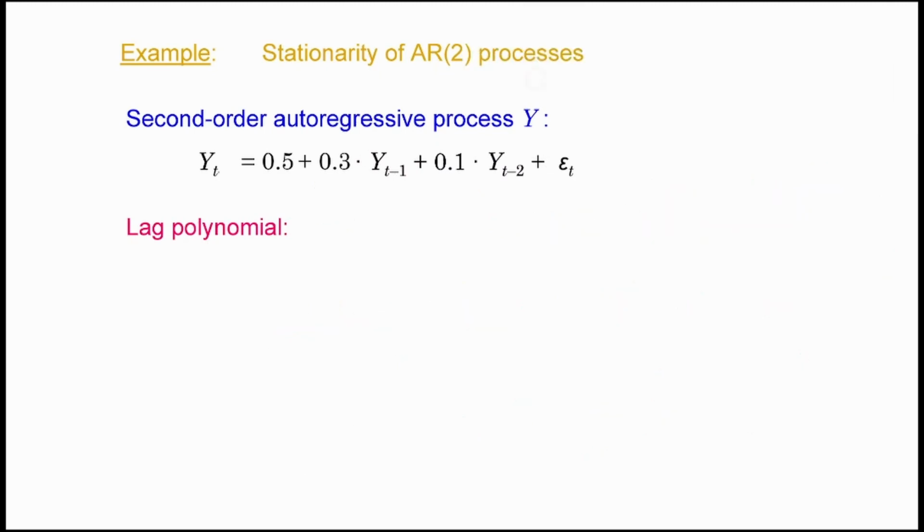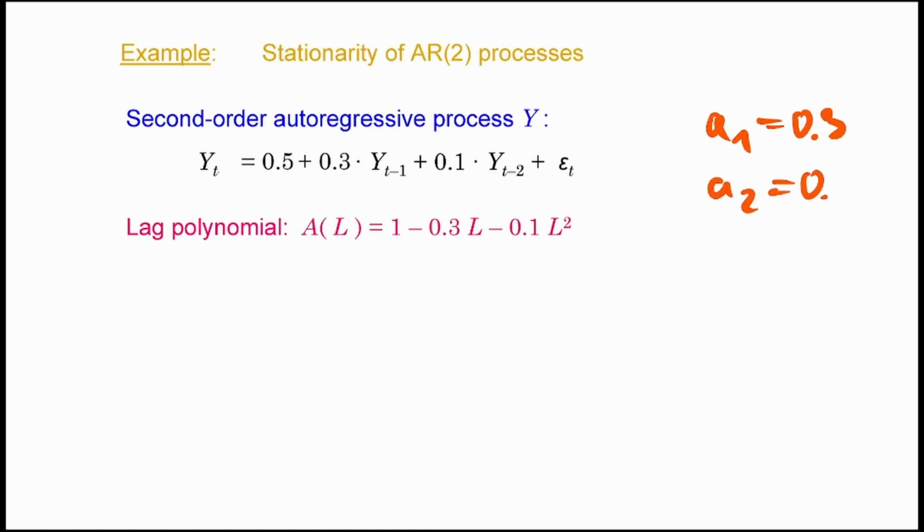But you don't need to put that in general terms. This is what it's going to be: 1 minus a1L, which is 0.3L, and then minus a2L squared, which is 0.1L squared. Sorry, guys. And this is what you would have. So keep in mind, guys, a1 is 0.3 and a2 is 0.1.